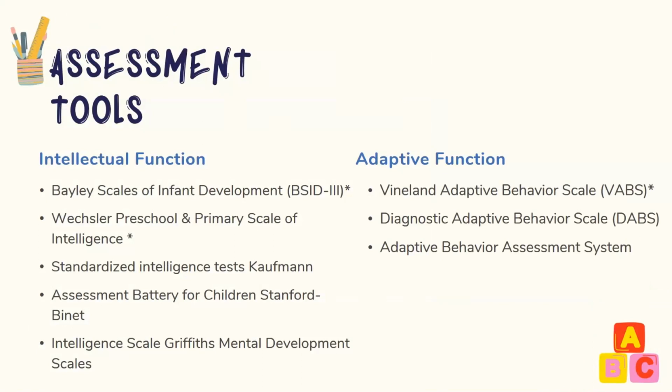In intellectual function, the two most common are the Bayley Scales of Infant Development, usually used for those from 1 to 42 months, and the most common is the Wechsler Preschool and Primary Scale of Intelligence, used for children from the age of 2 years 6 months to 7 years old. For adaptive function, the most commonly used is the Vineland Adaptive Behavior Scale.